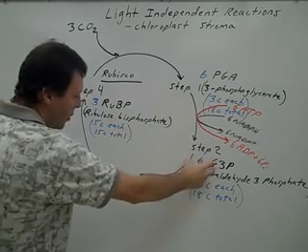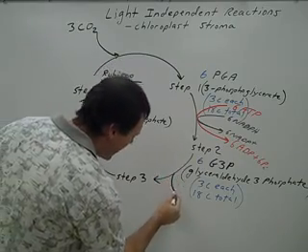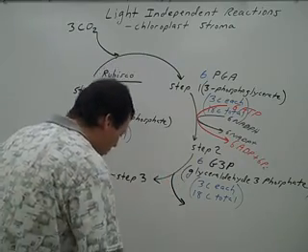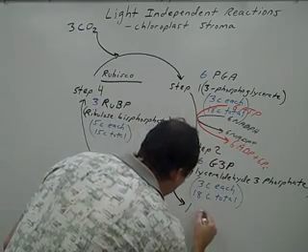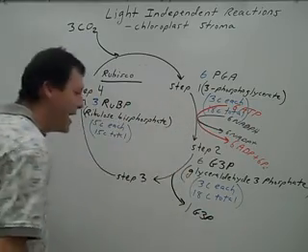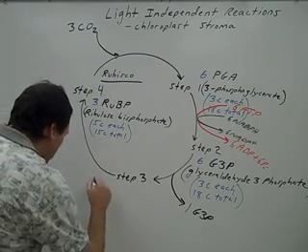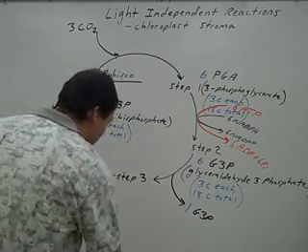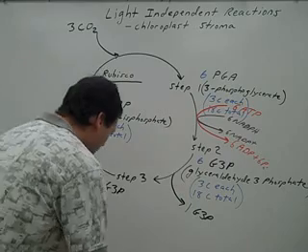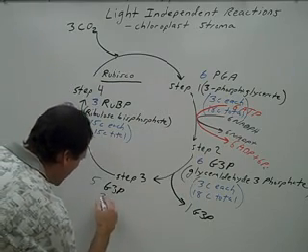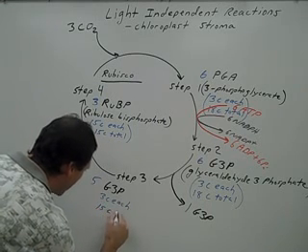Only 5 out of the 6 are going to move to step 3. One of the molecules is going to exit the cycle. So I will put one molecule of G3P, and that exits the cycle. The other 5 molecules continue onward. So we'll write that over here: 5 molecules of G3P. Again, each one consists of 3 carbons for a total of 15 carbons.